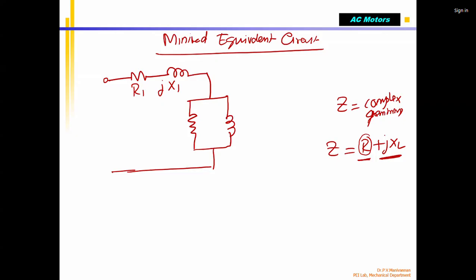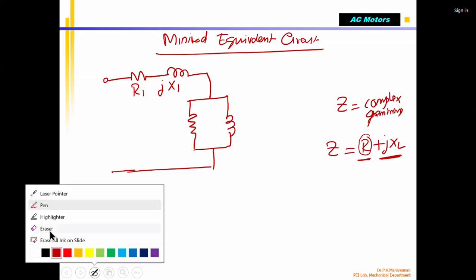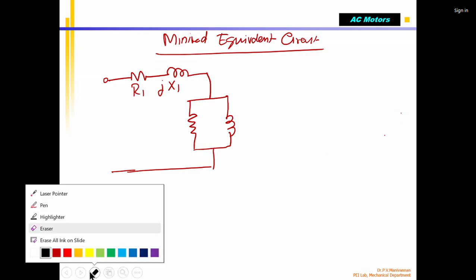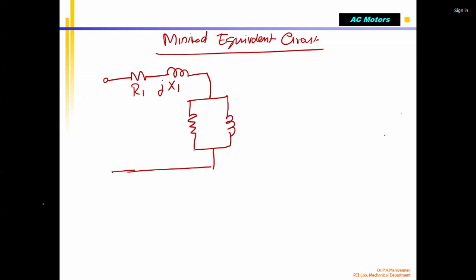Okay. So this part, this can be referred. Here we are giving input voltage. This is my I1 input current.